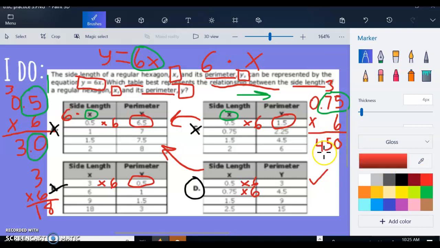It's going to be right here between this 4 and the 5. 4.50, or 4 and 5/10. Does this answer match this answer over here? It does. 4.5 and 4.50 are the same thing. So we're going to check that off. We know that D is our answer. So there you have it.